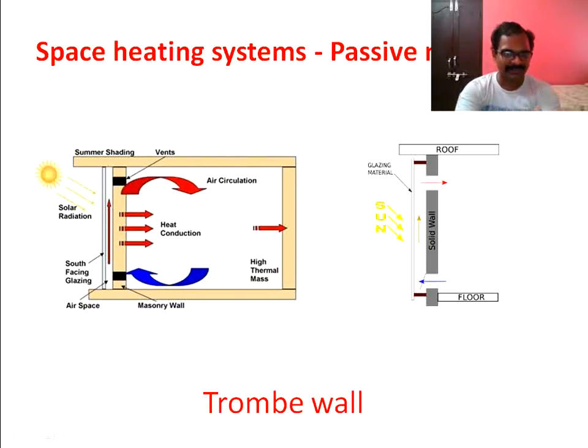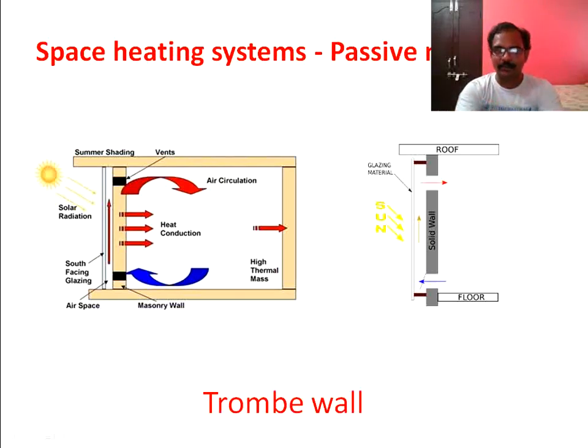You can see in the diagram on the left side, the red arrow marks show the heated air between the glass window and the solid wall moving upwards, and through the vent at the top of the solid wall, the hot air will enter the room and get circulated inside the room.